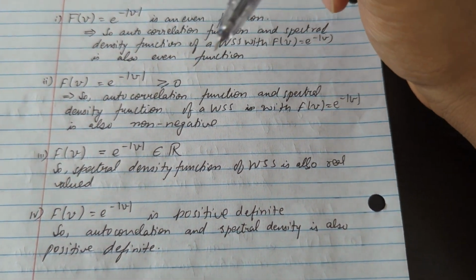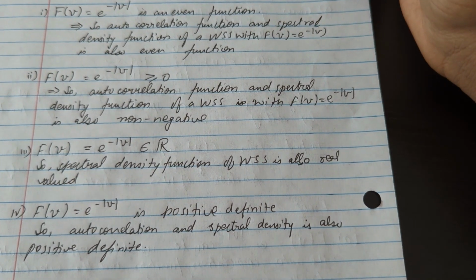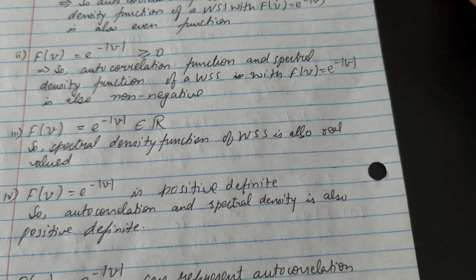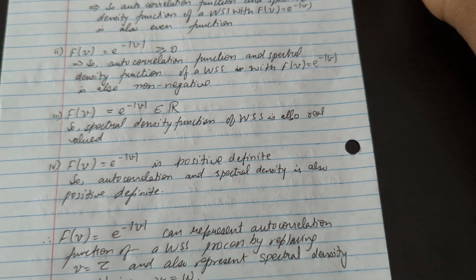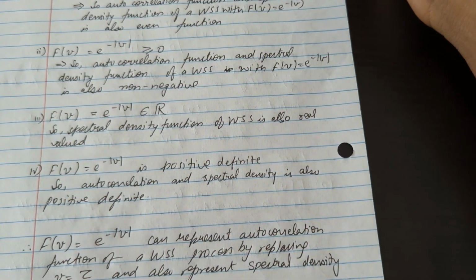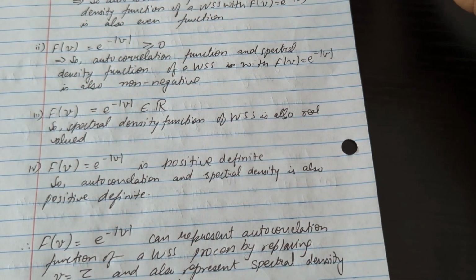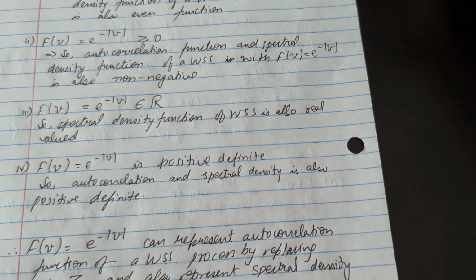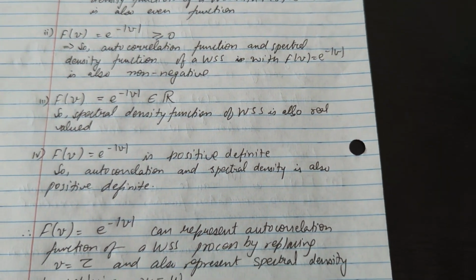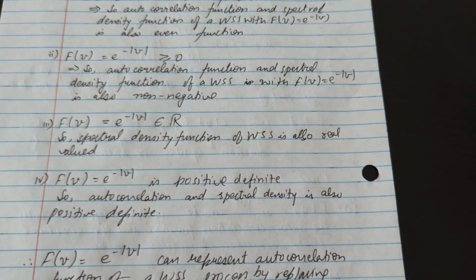Now f(v) is also a real valued function, so the spectral density function will also be real valued, and f(v) is also positive definite, as are the autocorrelation function and spectral density function.